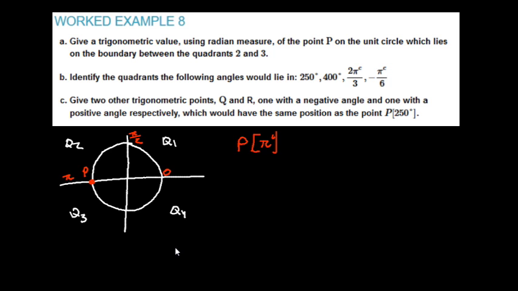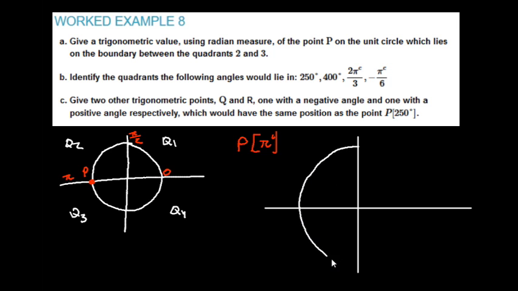The second part says identify the quadrants the following angles would lie. I'm just going to draw another circle. We've got 250 for the first one.